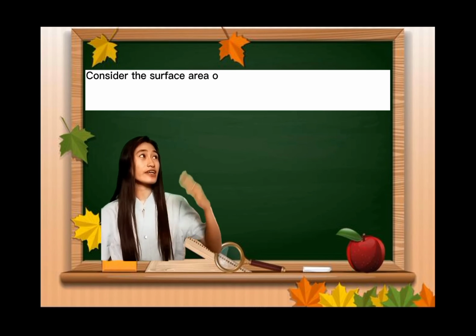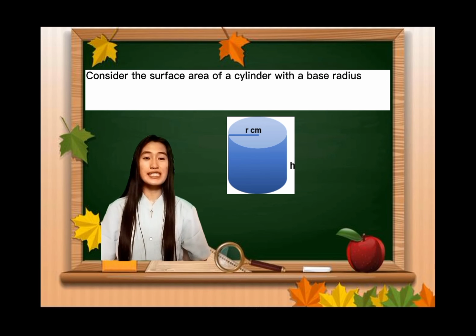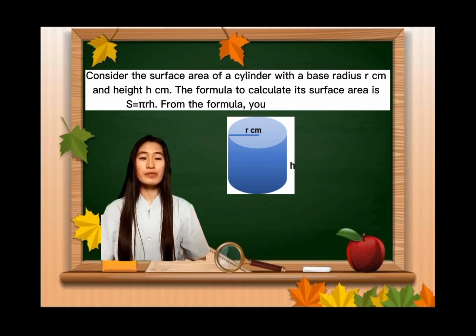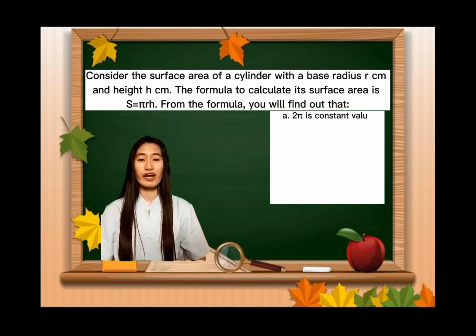Consider the surface area of a cylinder with a base radius r centimeters and height h centimeters. The formula to calculate its surface area is S equals 2 pi rh. From the formula, you will find out that 2 pi is a constant value. If h is fixed, then S varies directly as r.